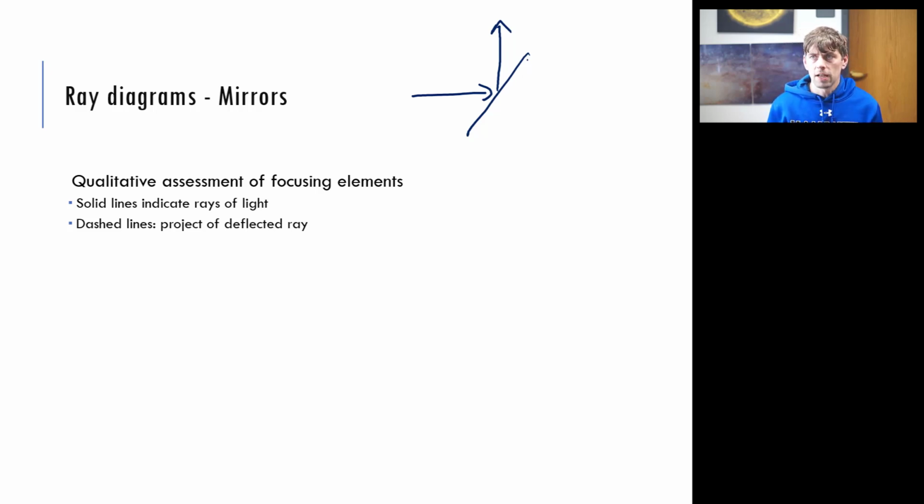So, for example, I have an incoming ray coming from the left. It gets reflected going straight up. And if I want to indicate from where the reflected ray appears to originate, you could do that by drawing a dashed line backwards.